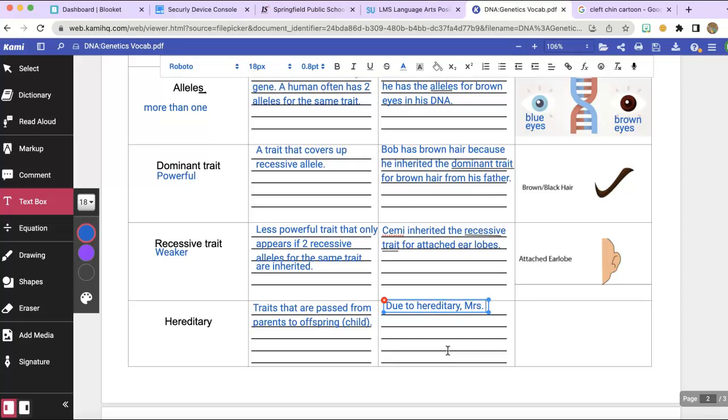Due to heredity, it is very likely that Mrs. Chaparro's children will have brown eyes.